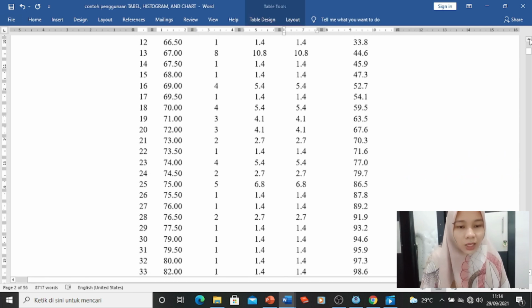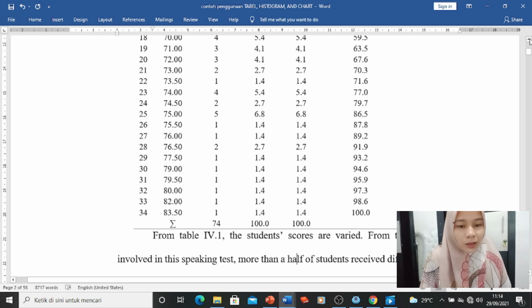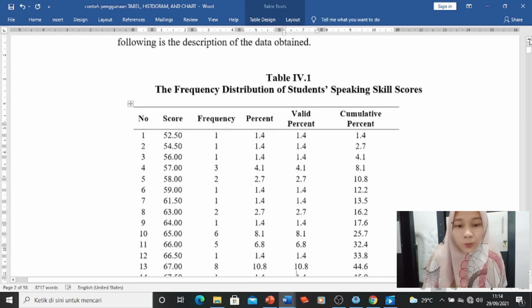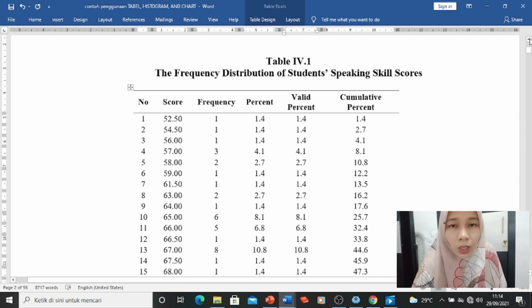It is not complicated actually, but it's a little bit difficult for readers or people who listen to your presentation or read your writing about your data.